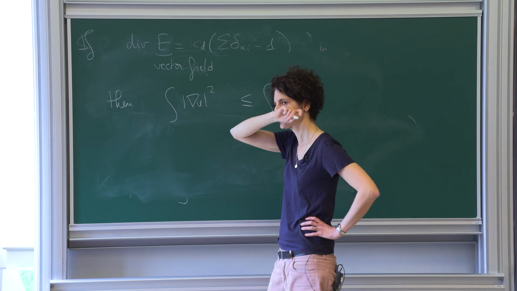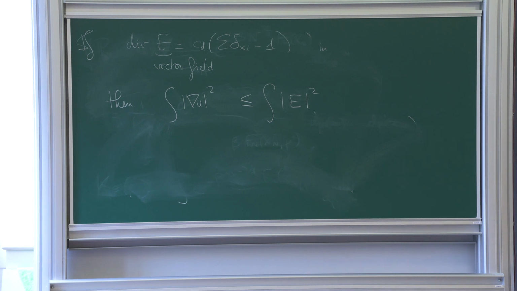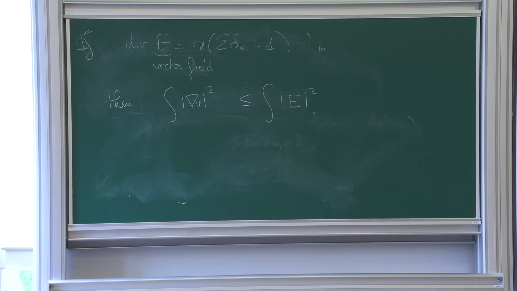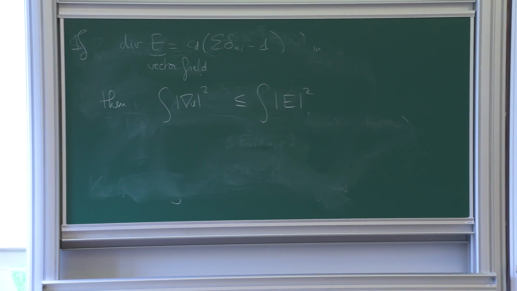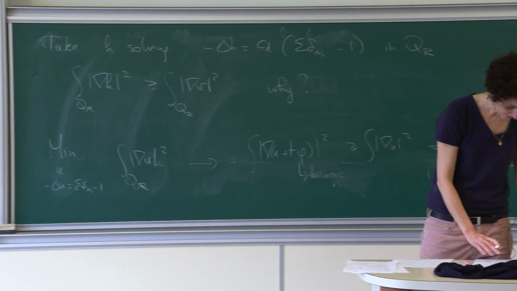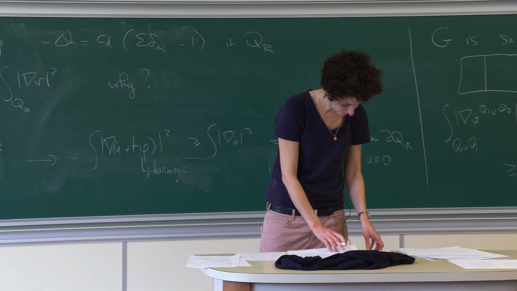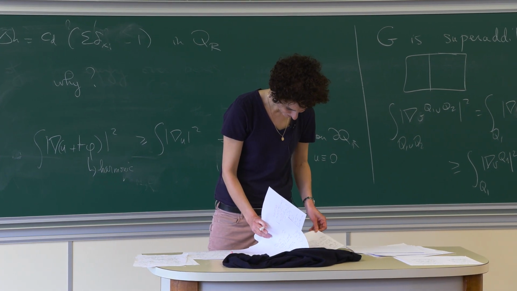No, it's the opposite, I want to say. Let me think for a second. It's basically a projection property onto gradients. But I have it the opposite way, I think.